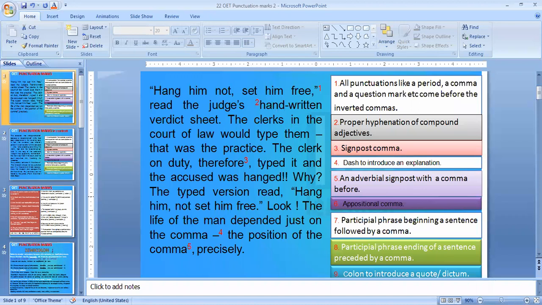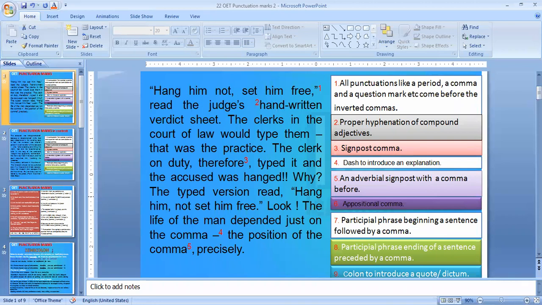Very good. Excellent reading. Well posed and well paced reading. Okay, now I have numbered some of the punctuation marks used there, and those numbers are explained on the right side.